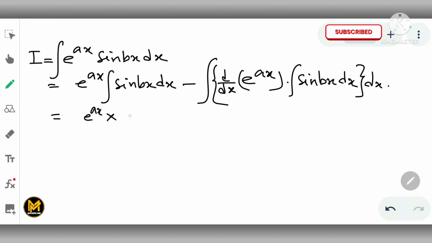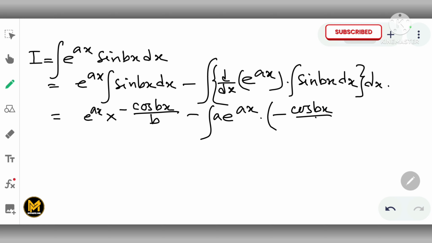The integration of sine bx will be equal to minus cos bx divided by b, minus the differentiation of e to the power ax, which is e to the power ax into a, into minus cos bx by b dx.